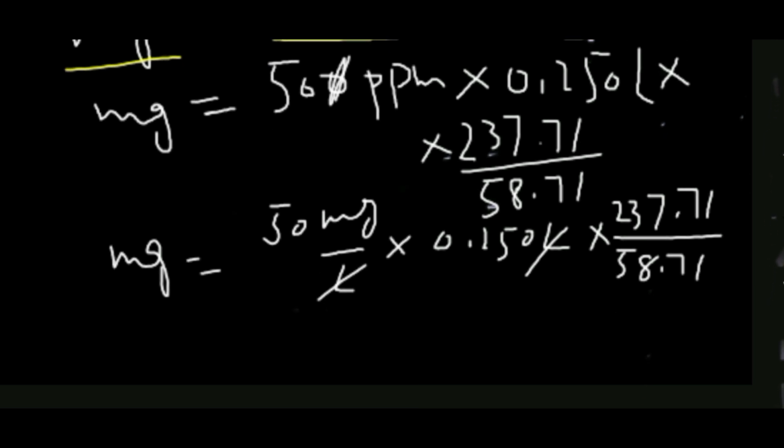So if we multiply this one, we have 50 into 0.250 into 237.71 divided by 58.71, that is equal to 4.048.